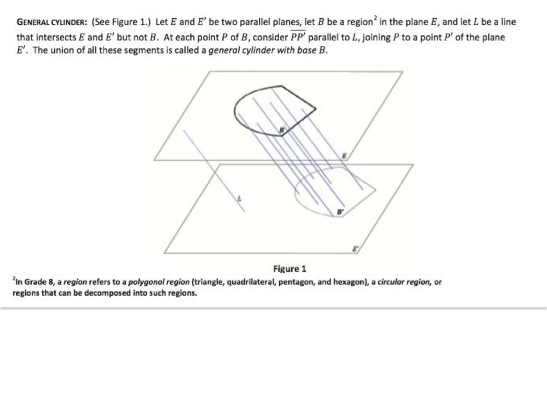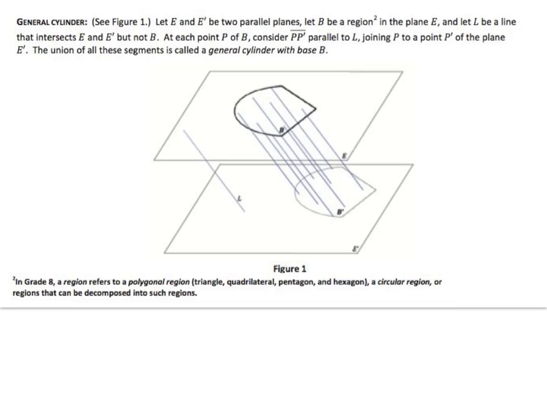Now let's talk about a general cylinder. We have another drawing here. Let E and E prime be the planes that are parallel. Let B be a region in plane E. It's a region. I don't even know what shape this is. It's pretty funny looking. Let L be a line that intersects E and E prime, but not the region.